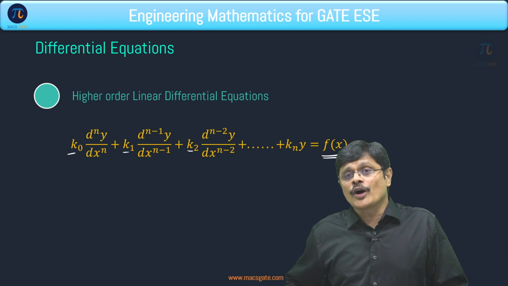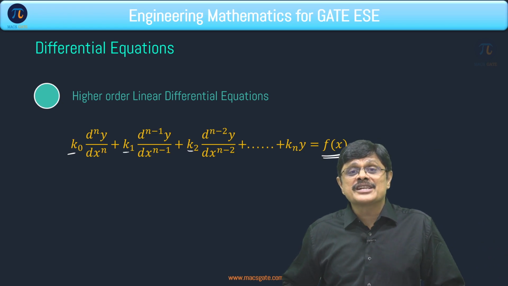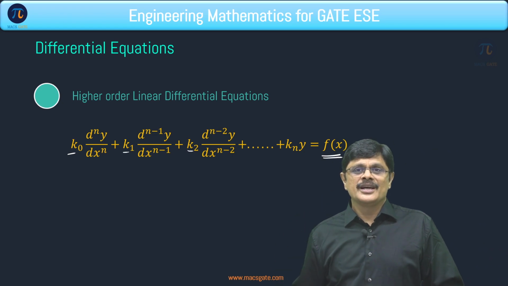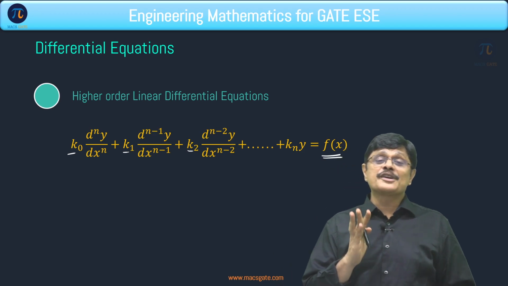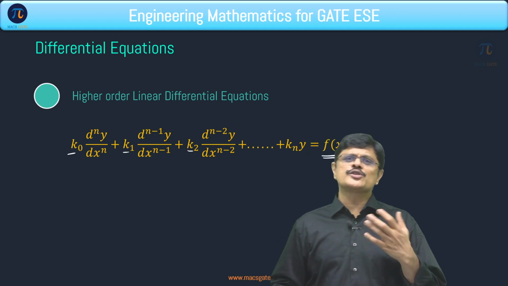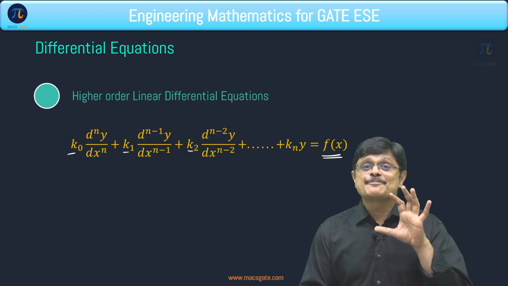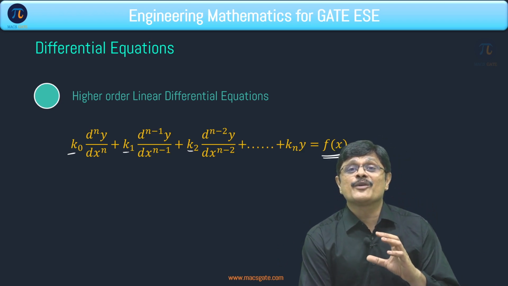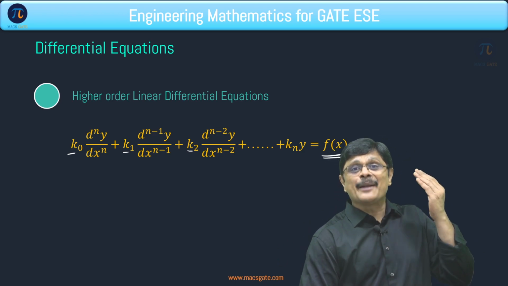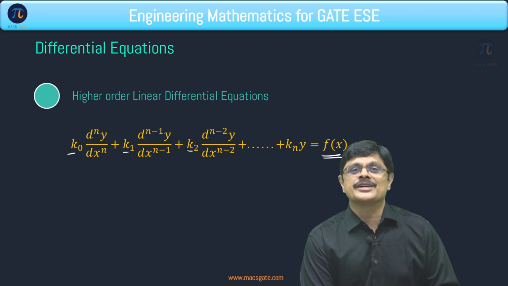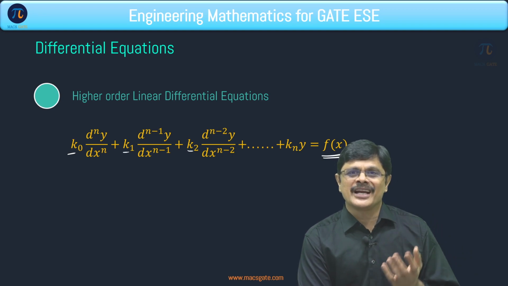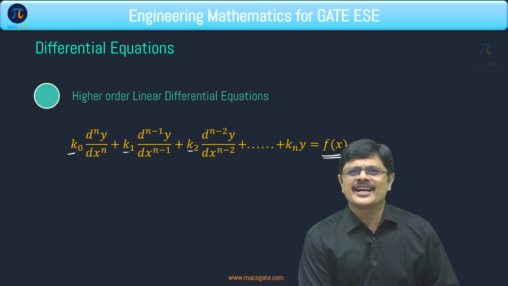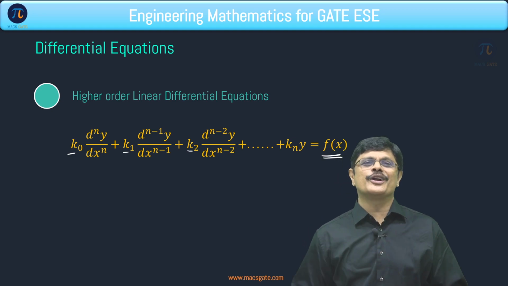So, if they are all constants, we call it a linear differential equation with constant coefficients. If they are variables, that is called a linear differential equation with variable coefficients. We also learn some special linear differential equations with variable coefficients which can be reduced to constant coefficients, and we call them Cauchy-Euler equations and Legendre's linear differential equation, my dear friends. So, that is about differential equation.